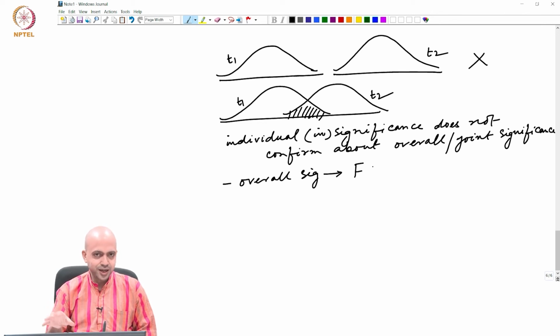While T indicates individual significance, F will give you the overall significance of the model.